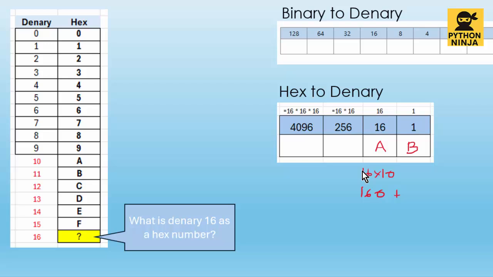So we take the column heading and multiply it by the value, so B is 11. So 1 times 11 is 11, so 160 plus 11 is 171, which gives us our denary value for hexadecimal AB.